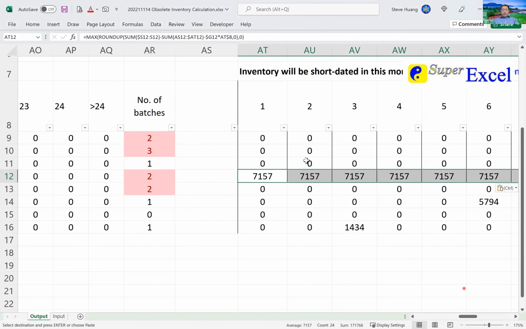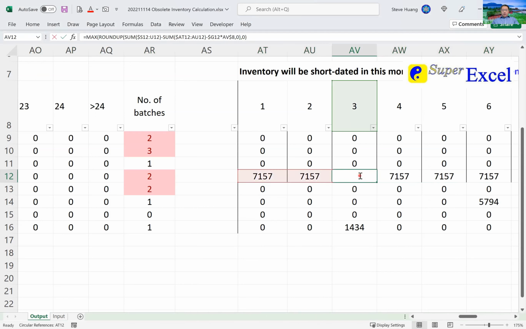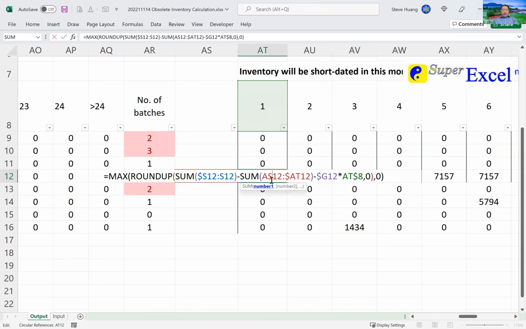The issue is with month 1. When I'm in month 3, when I sum the previous months of short date amount, we're using AT12 to AU12, and that's all fine. But when I go to month 1, I will use AS12 to AT12, and AT12 is where my formula is. You cannot use your own cell as input to generate output. That's why we have this circular reference.